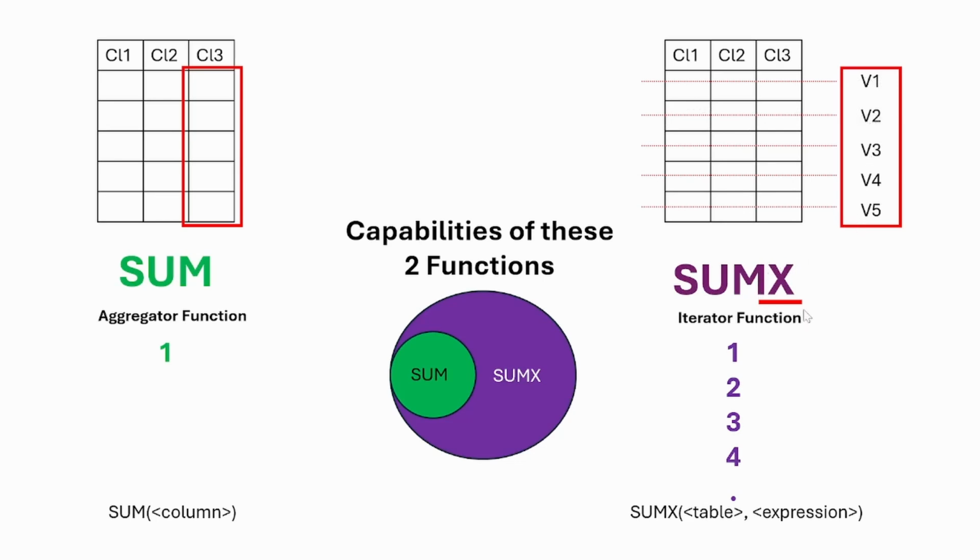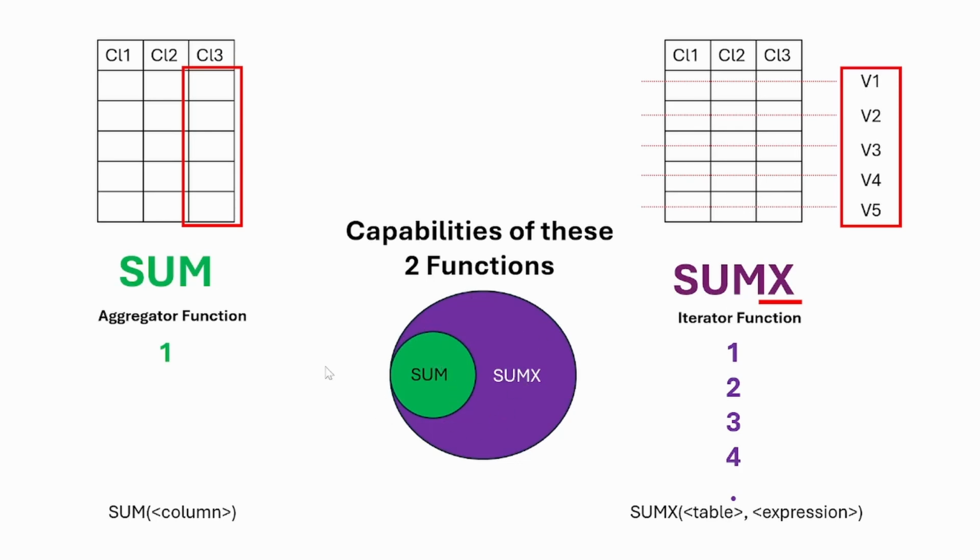This is the X or the iterator part of the function. And once it has gone through all the rows, it will do a sum of all the values it has in its memory. And then we saw the capabilities of these two functions, how we can recreate, for instance, the same result that we had from SUM.